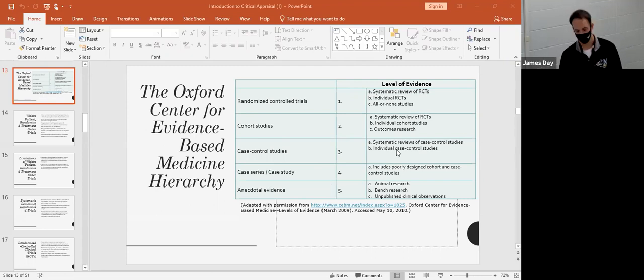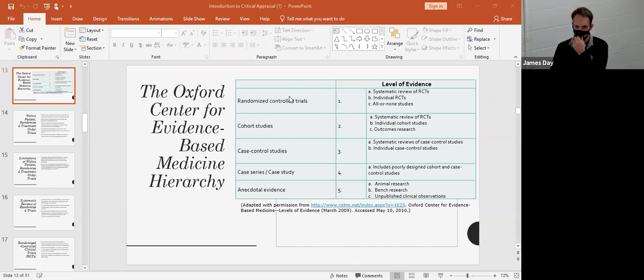You'll just go through and decide, is this a randomized controlled trial? Pretty simple. If you're seeing that the groups were randomly allocated, meaning they were controlled based on some sort of random allocation, you got a randomized controlled trial.